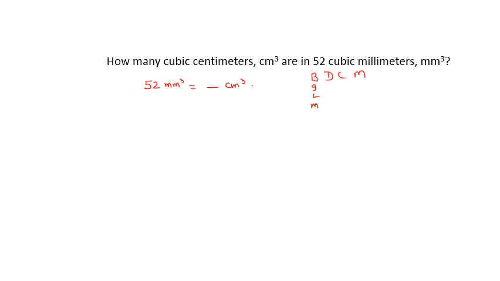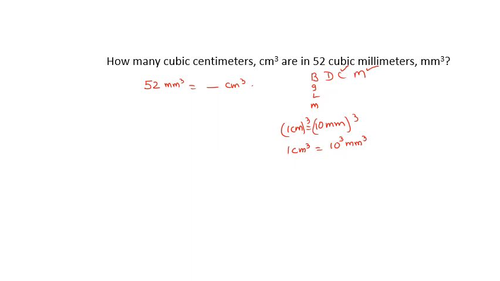So this is milli, so this is the one I want, and then this is the one I want, correct? So 1 centimeter equals 10 millimeter. I need cubic, so to the power 3, so 1 centimeter cube equals 10 to the power 3 millimeter cube, right?